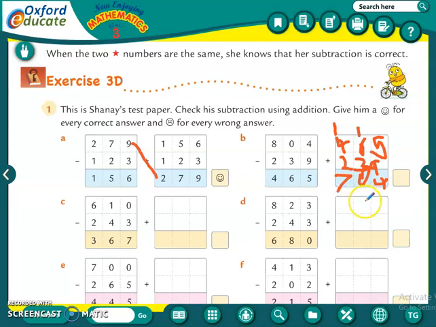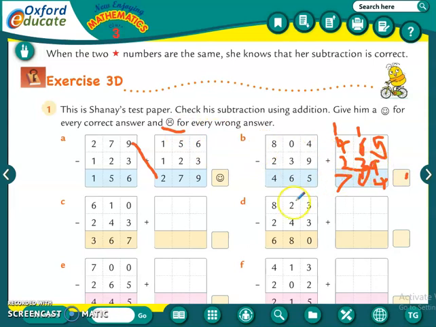Okay, so here the answer is given 804, and the answer comes 704. So that is wrong. So he had done the sum wrong. So you have to draw this smiley here. Here you have to draw this smiley because it is wrong.